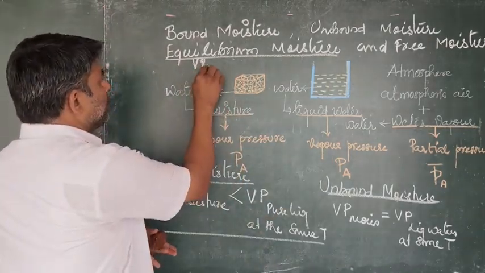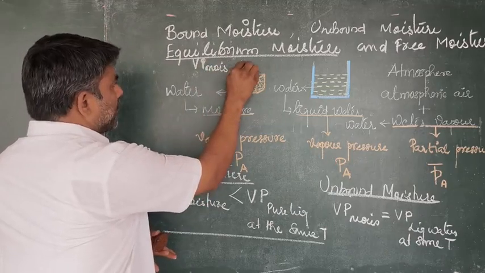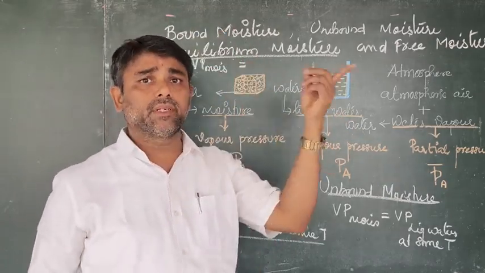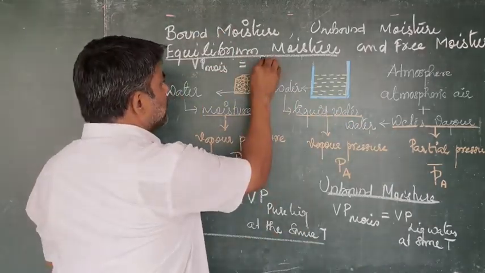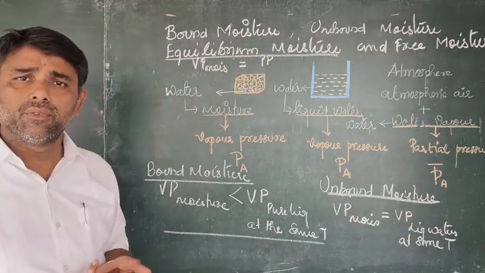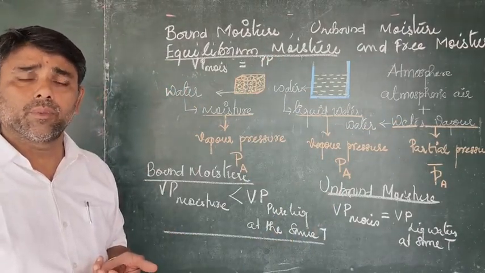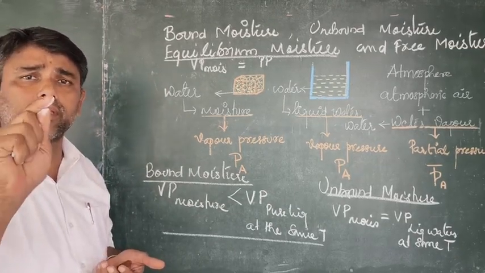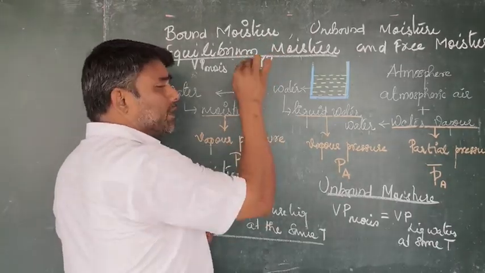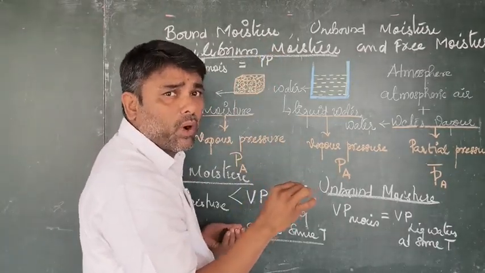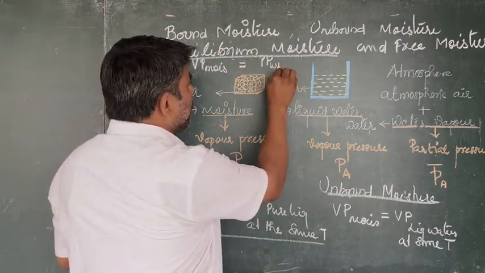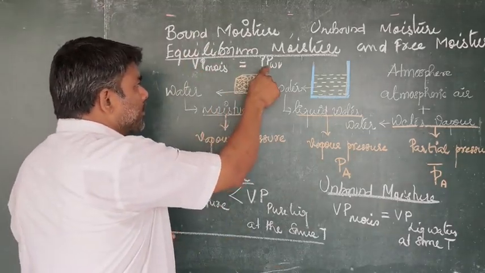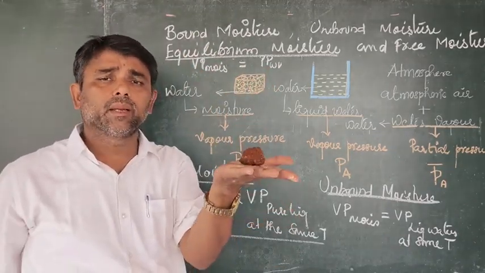If this vapor pressure of moisture is equal to the partial pressure of the water vapor present in the atmosphere, that moisture is called equilibrium moisture.